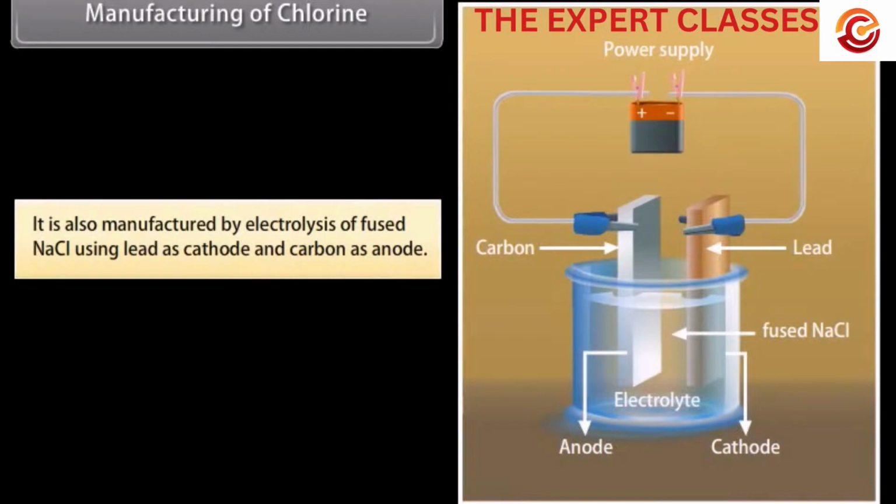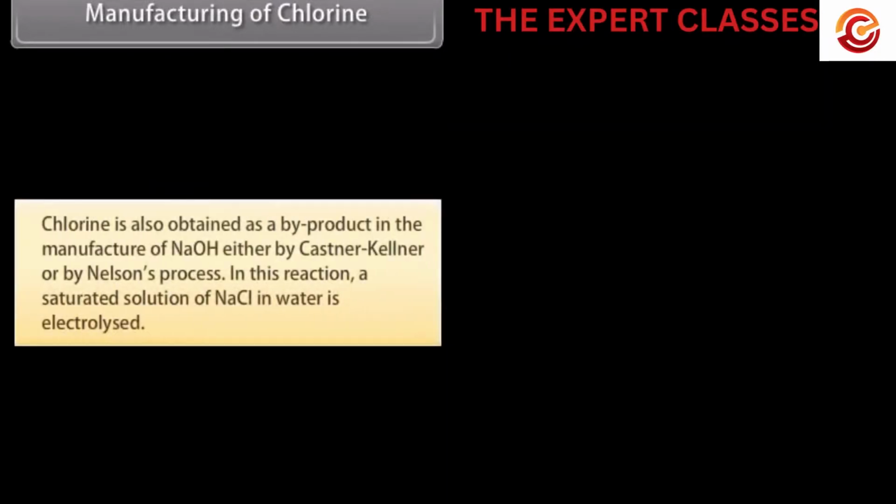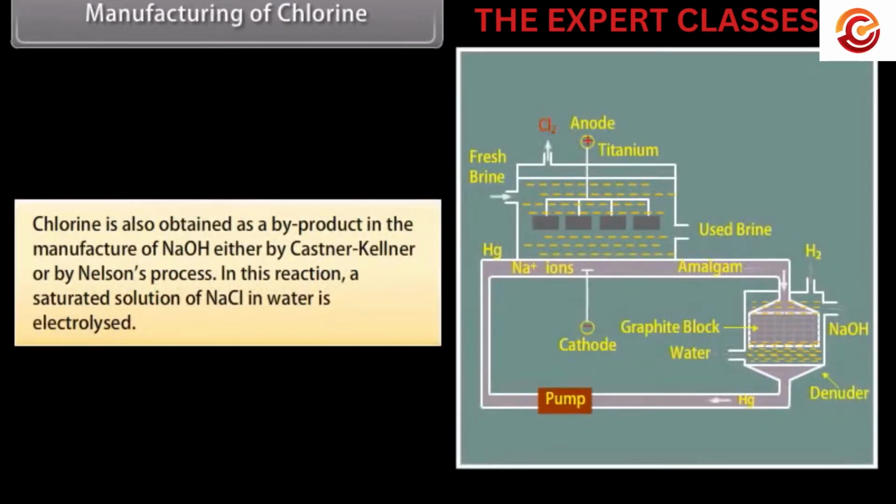It is also manufactured by electrolysis of fused NaCl using lead as cathode and carbon as anode. Chlorine is also obtained as a byproduct in the manufacture of NaOH either by Castner-Kellner or by Nelson's process. In this reaction, a saturated solution of NaCl in water is electrolyzed.